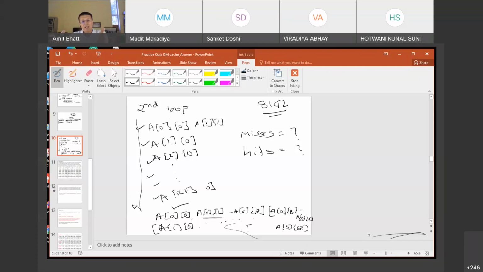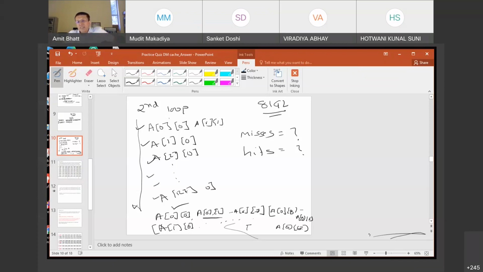If I need A07, I can't just get the A07 element on its own. I have to get A00 to A07 because it comes in a package. Whether you require the first element, the middle element, or the last element in that package, you have to get the whole package. So here you are going to have a problem, but you have to prove to me how many misses there would be.